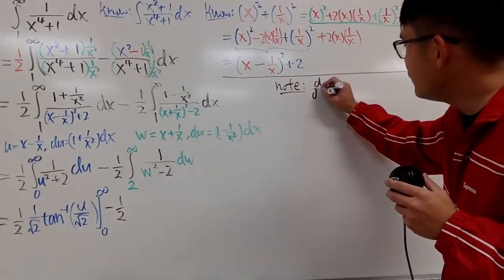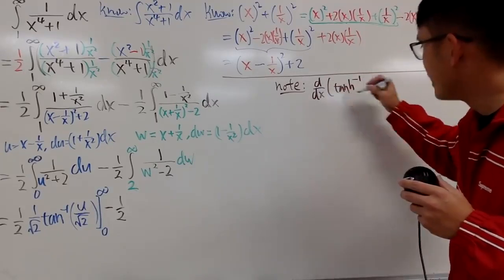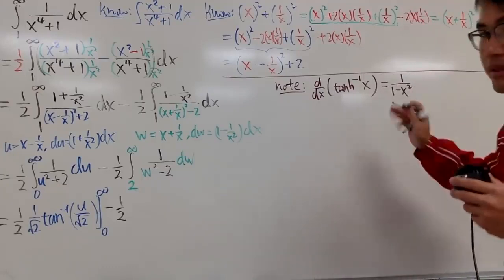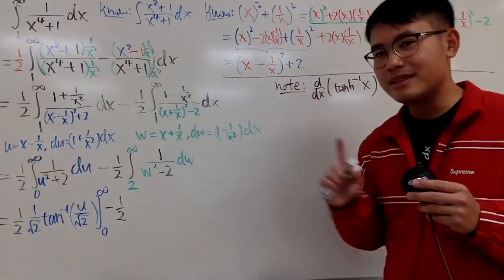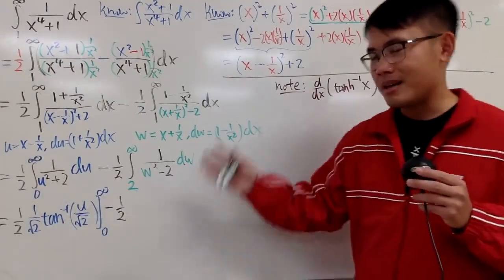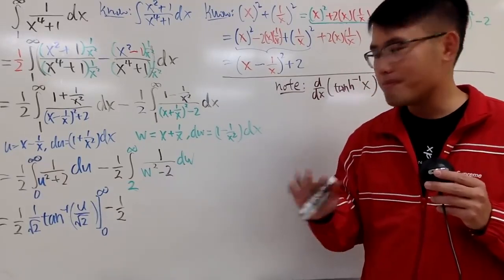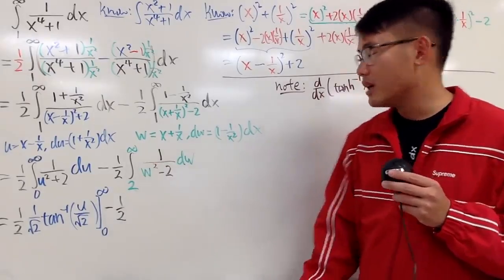Recall that if you want to differentiate the inverse hyperbolic tangent, you do end up with 1 over 1 minus x squared, and this is legitimate, right? But there's a problem with this. Yes, I did use this last time in my square root of tangent x video, but that was because I didn't have the limits of integration.